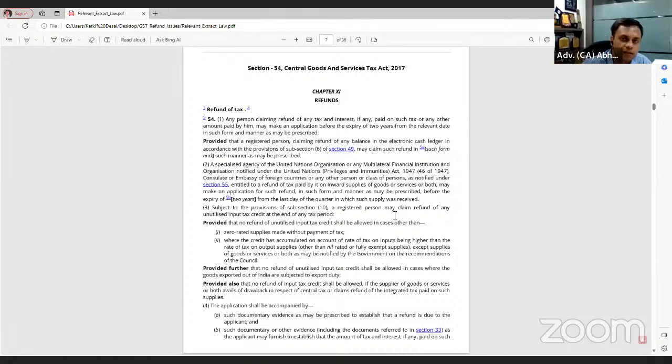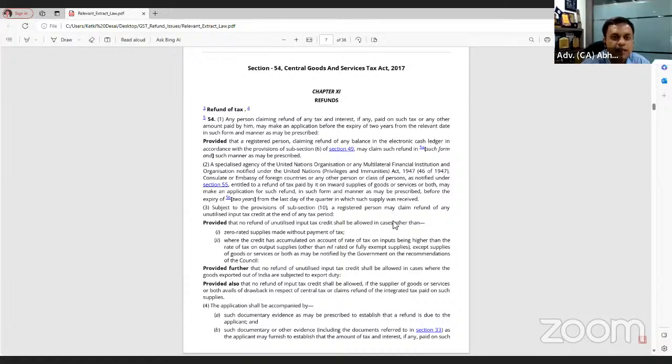Then we have also the limitations within which a person is supposed to claim the refunds under both the situations, that is either under LUT or under the with payment route. So that limitation, which is under subsection 1 of section 54, is 2 years from the relevant date.